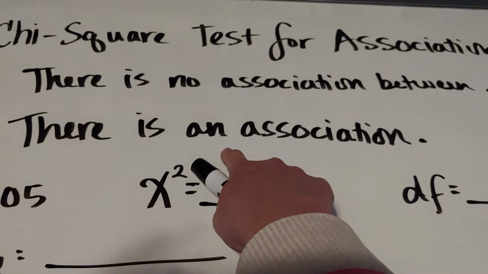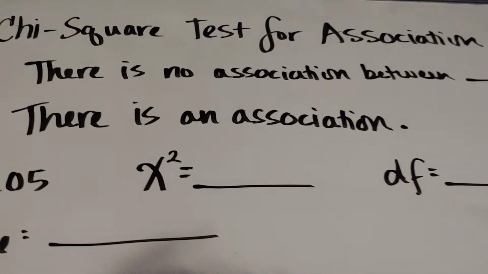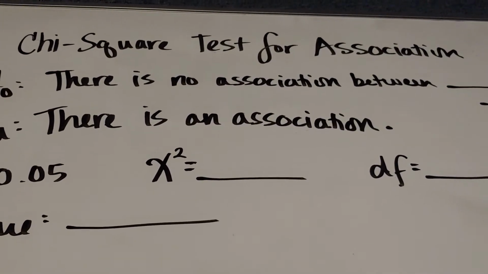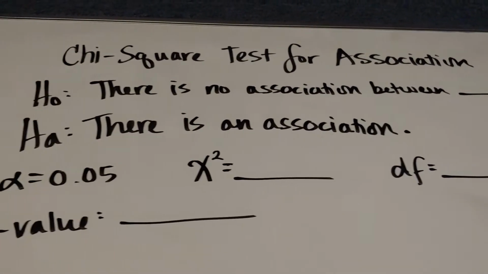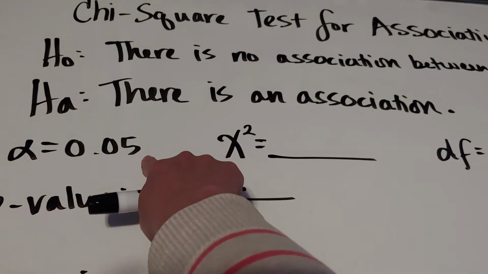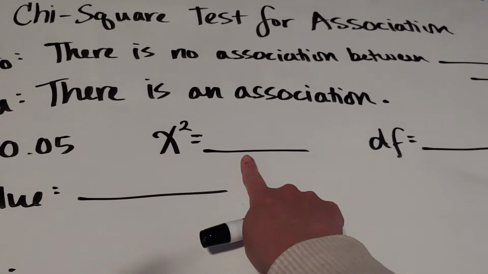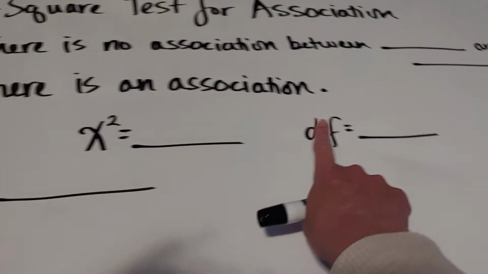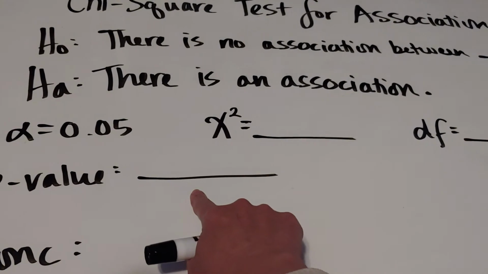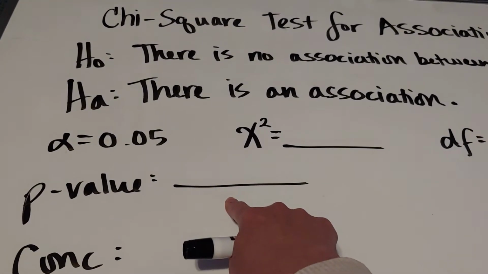Okay, when we go to StatCrunch, we are going to put in our table of information, and I'm going to show that in the next video of how to put in your table of information. And then what I have here is alpha is our measuring stick. It's still 5%. From StatCrunch, we're going to get the chi-square, the DF, the degrees of freedom, and the p-value. And same rules apply.